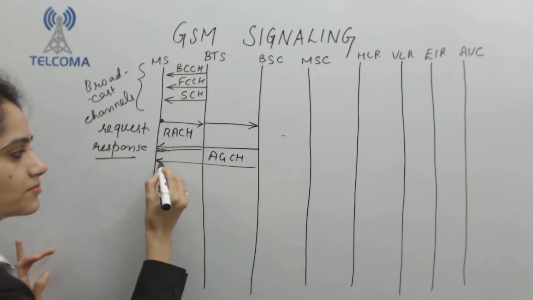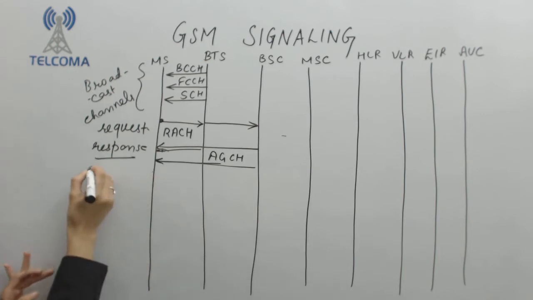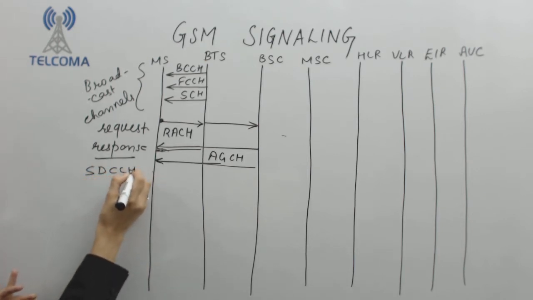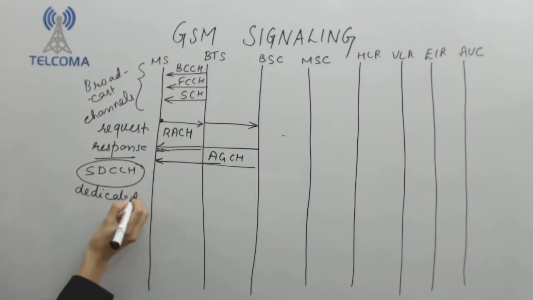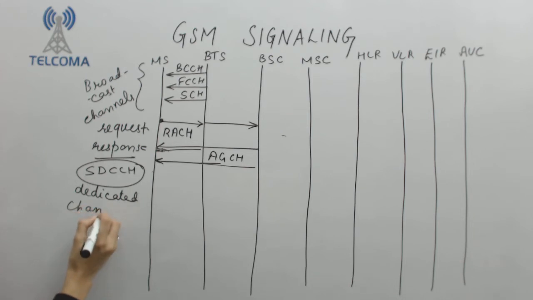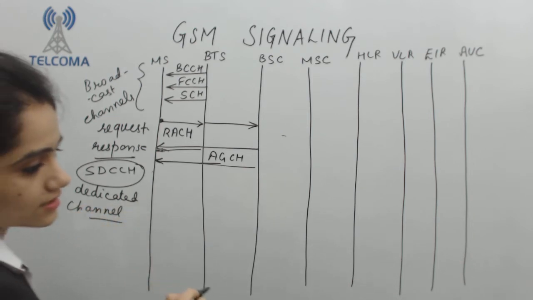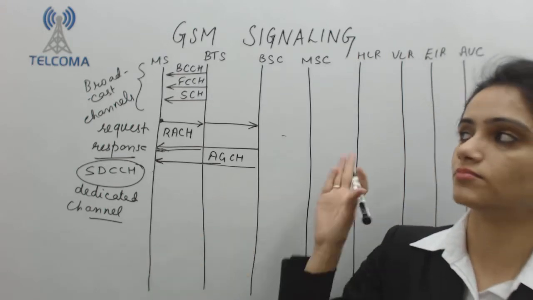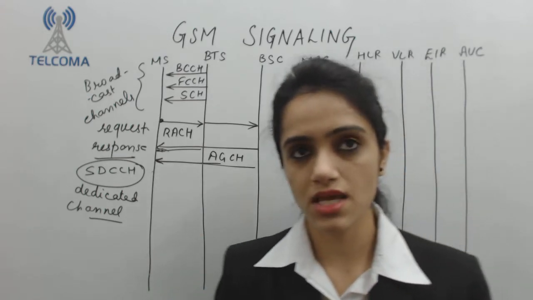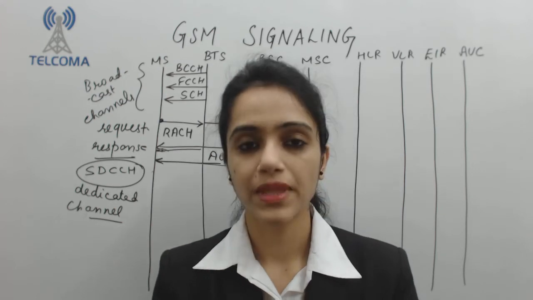Meanwhile, BSC will allocate one more channel to me, and that channel is SDCCH. Now the SDCCH channel is a dedicated channel, a stand-alone dedicated control channel. This will be allocated to me to complete my whole signaling process which is required.